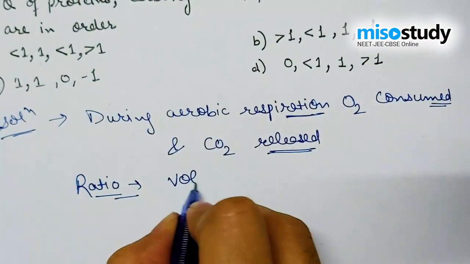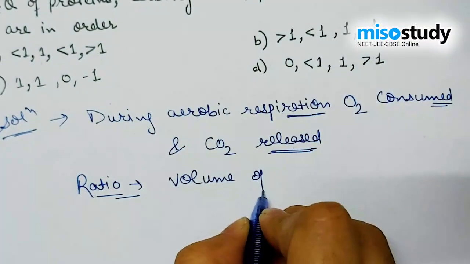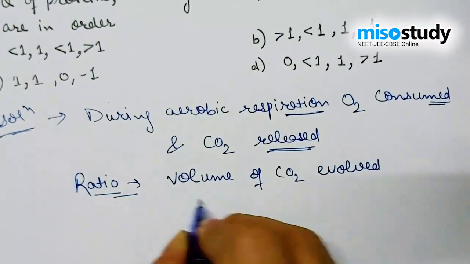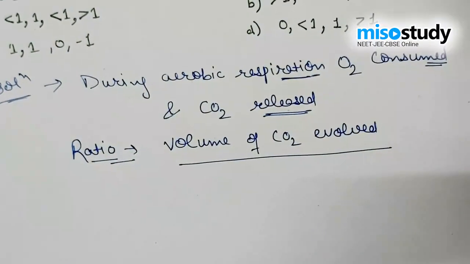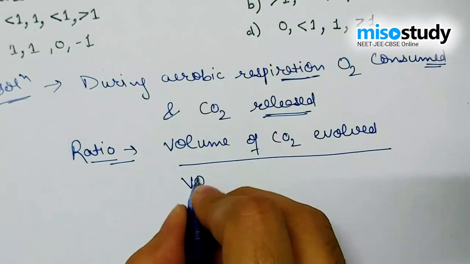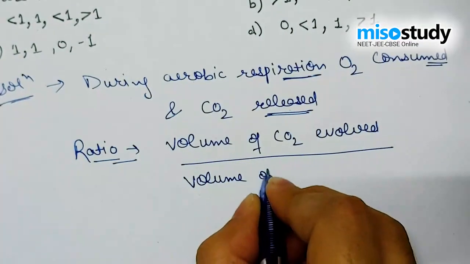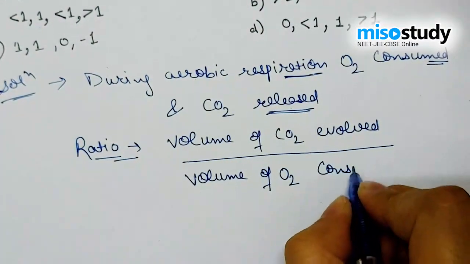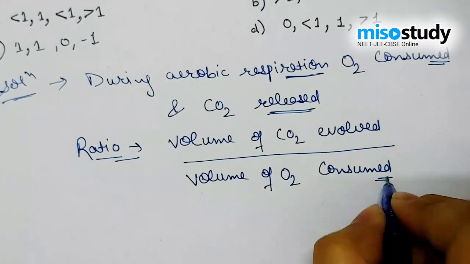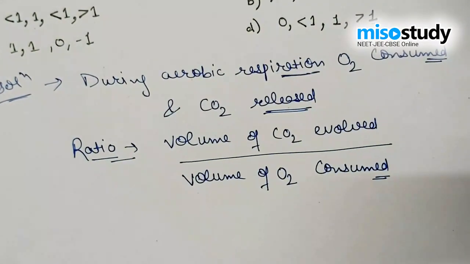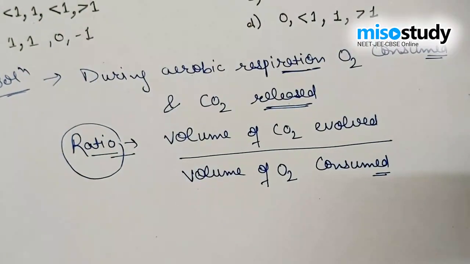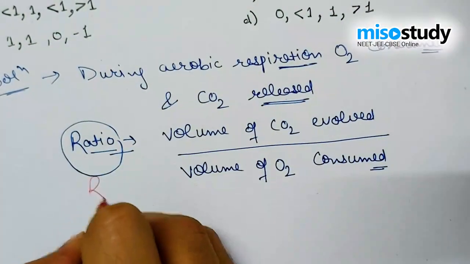The volume of CO2 evolved from the body is equal to the volume of O2 consumed by the body. These both values are equal, and this ratio is denoted as the RQ.